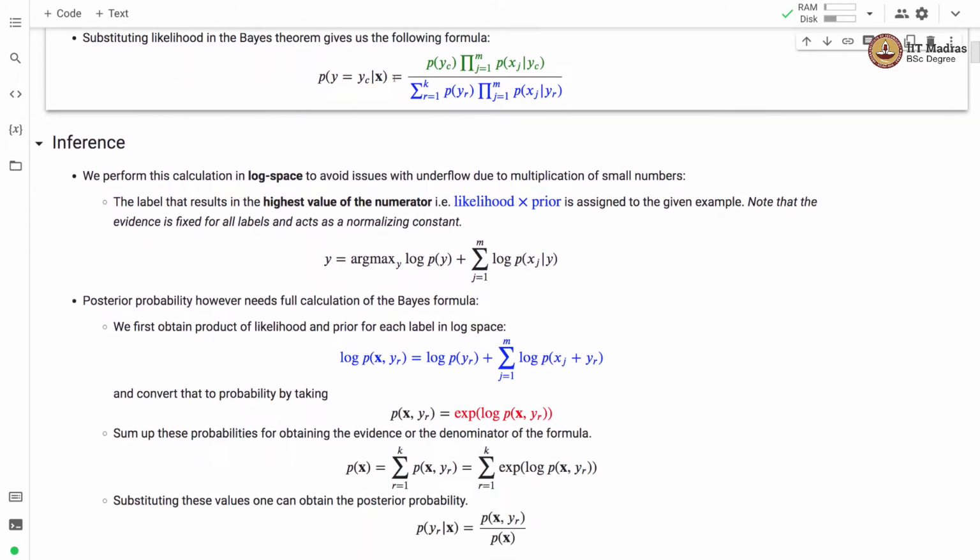So we perform this calculation of posterior probability in log space to avoid issues with underflow due to multiplication of small numbers. And we assign the class label that results in highest value of the numerator, that is the one that gets us the highest value of likelihood into prior.